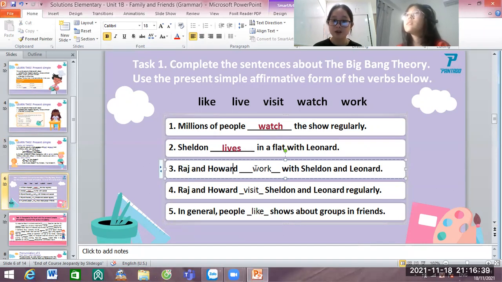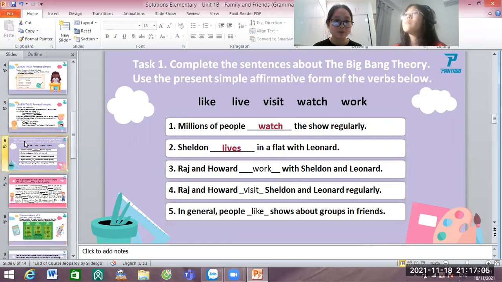So we don't need to change the form. This one too is similar to number 3. And this one, we have people here. People is always a plural noun. Do you remember? It doesn't have a plural form, it is already a plural noun. So we don't need to change the form.